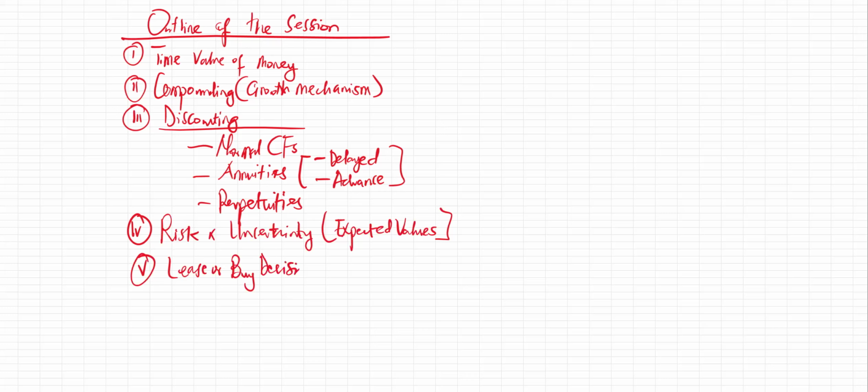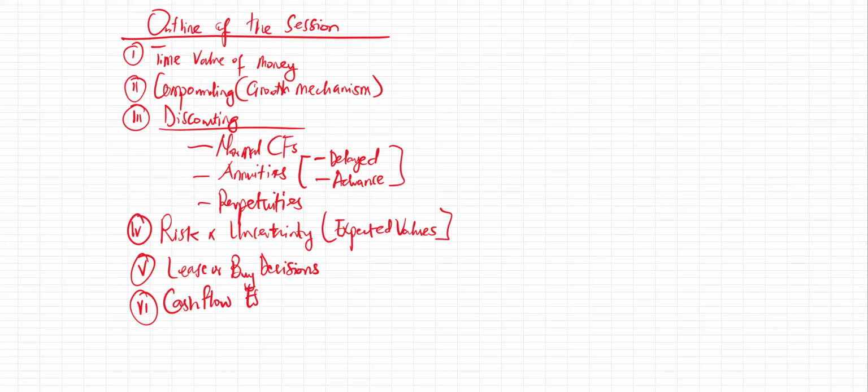Because definitely once you are looking at cash flows, then cash flow estimation is very important. How to estimate cash flows for time value of money or discounted cash flows, right?